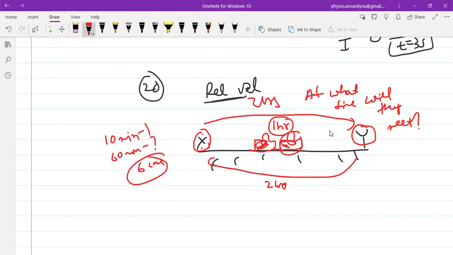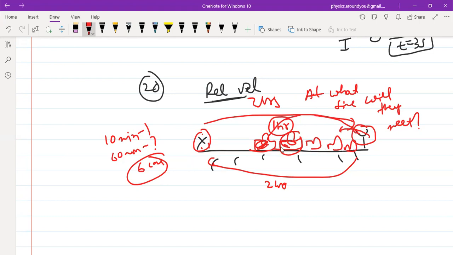But not only are the cars already on the ground, from Y also they are still coming, because this car will take 1 more hour to reach Y. In that 1 more hour, how many are going to come? Already there are six cars.